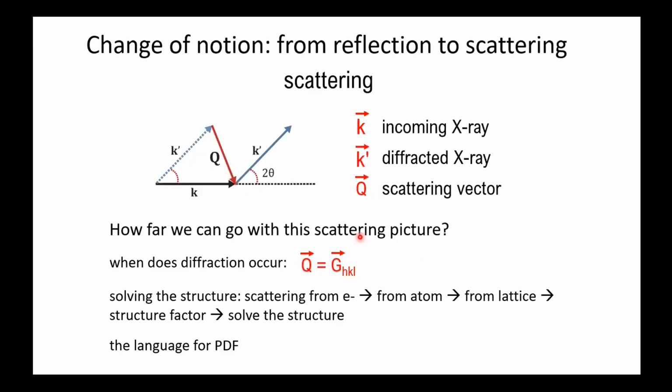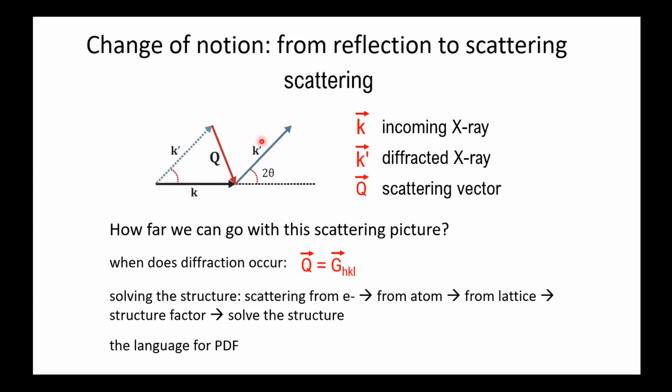So this is really the essence of diffraction, relating Q, the scattering vector, with the reciprocal space vector G. You can see this G is HKL dependent. So it relates to the HKL planes, both the direction and the d-spacing, which is also contained in this G vector. Its magnitude is actually related to the d-spacing, by the way.